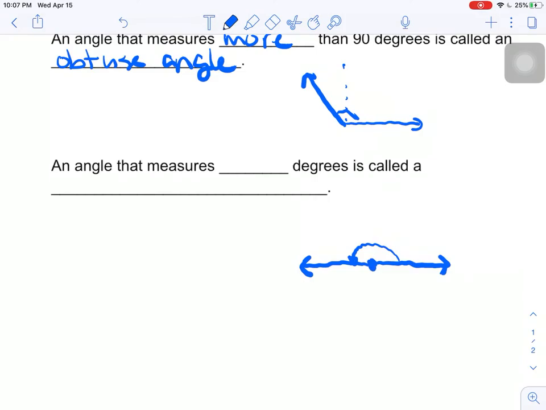You can still see the two rays and the vertex, but it's been flattened out, so it looks like a straight line. Halfway around a circle is 180 degrees. This one's easy to remember, because when you flatten the angle out like that, it looks like a straight line. Because it looks like a straight line, we call it a straight angle.